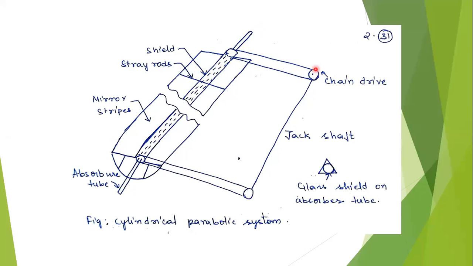This is the chain drive, jack shaft and chain drive, which is used to turn the direction of the parabolic system. Here the shield is zoomed in. Like this it will be in a triangle position, the shield here.